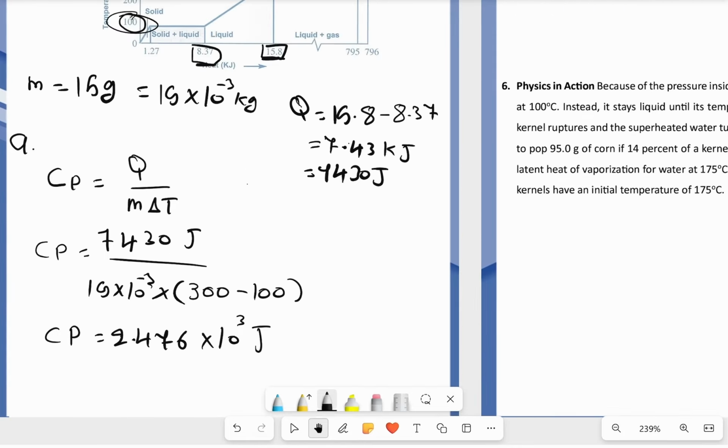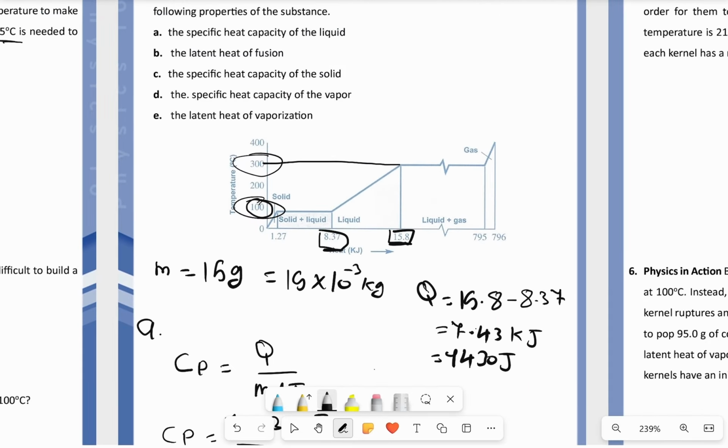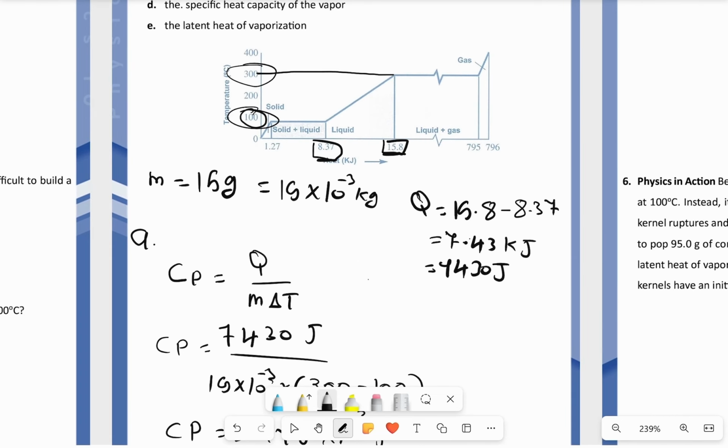We have question B. It says the latent heat of fusion. What do you mean by latent heat of fusion? First of all, we should know the equation for latent heat of fusion.